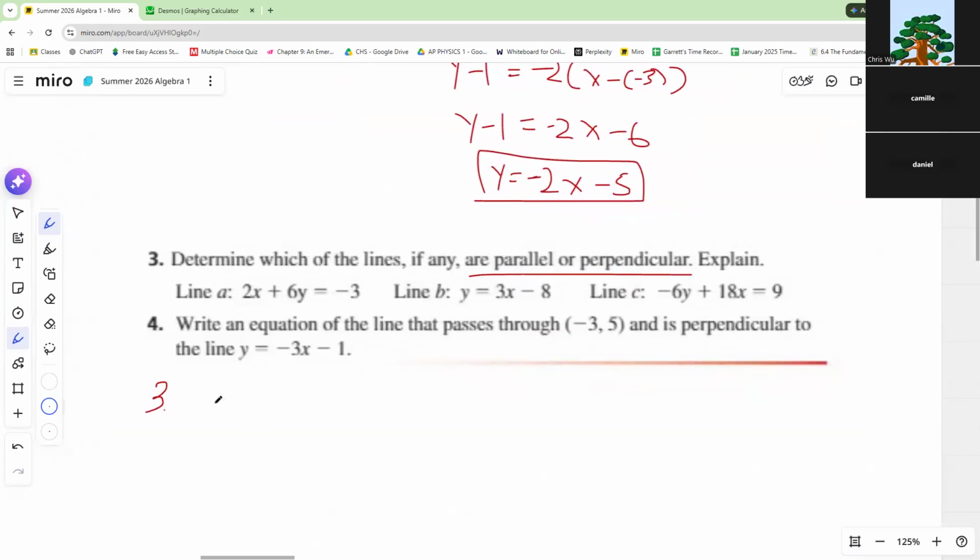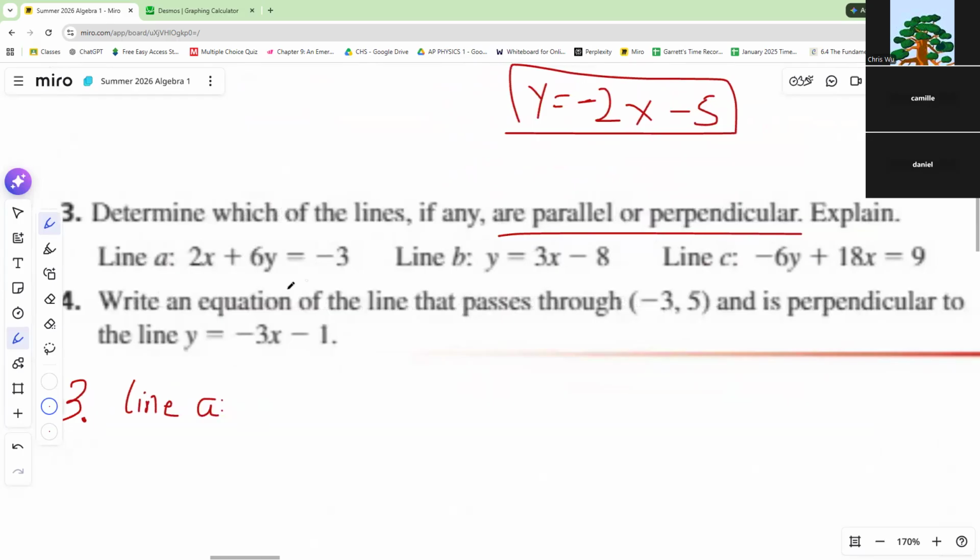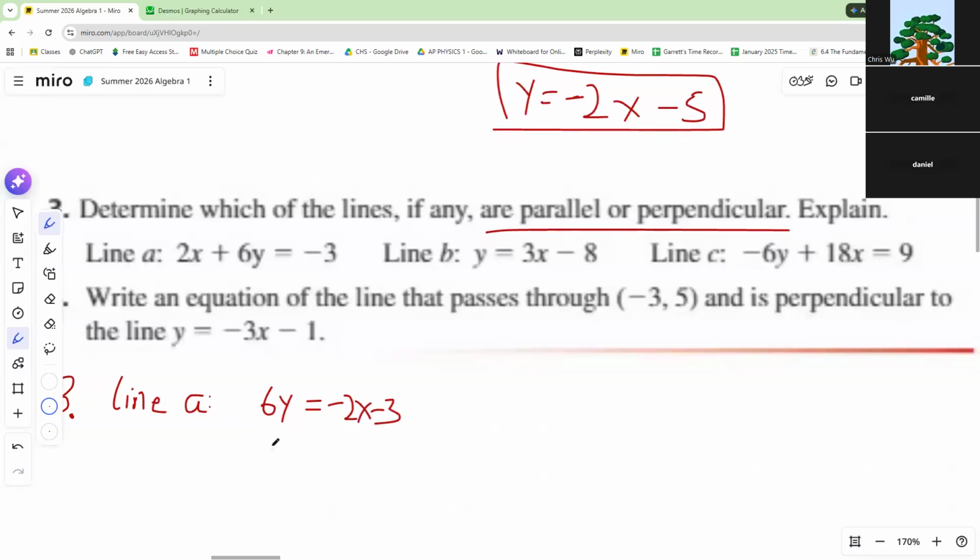Because we're given them all, and line B is already in slope intercept form. Right. So we don't have to do anything with line B, right? So let's do line A first. So for line A, we have 2x plus 6y equals -3. So I'm going to move the 2x over. So I can say 6y is negative 2x minus 3, right? I'm going to get rid of the 6 by dividing.